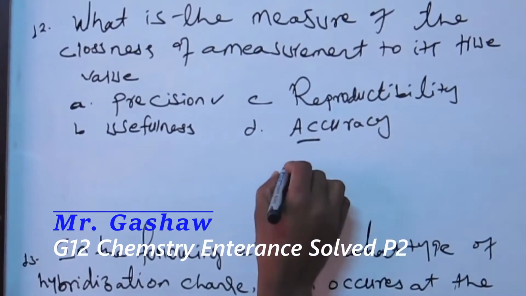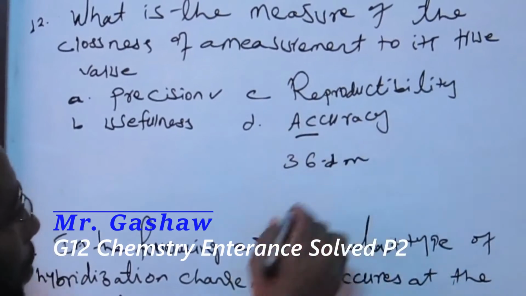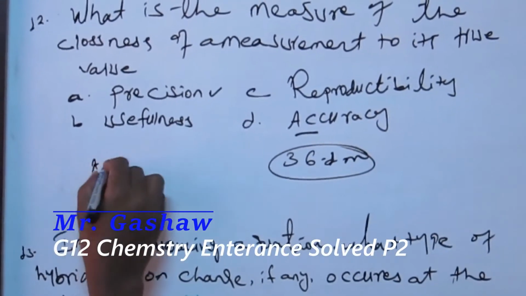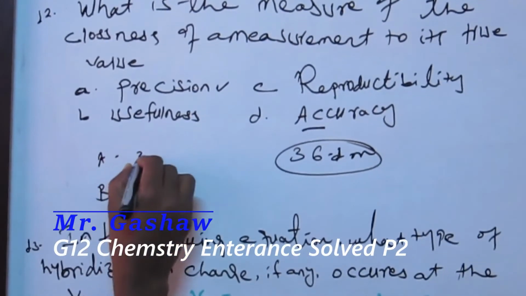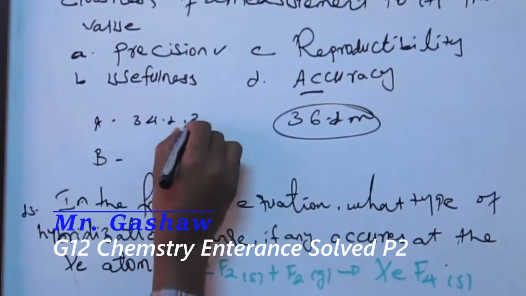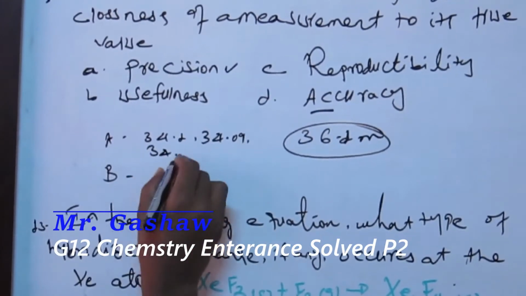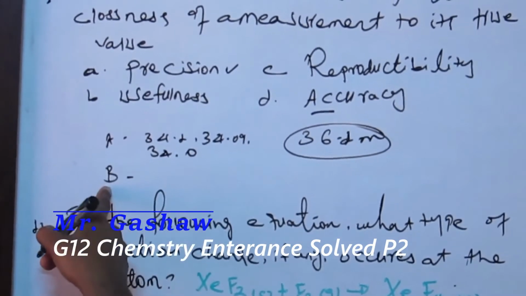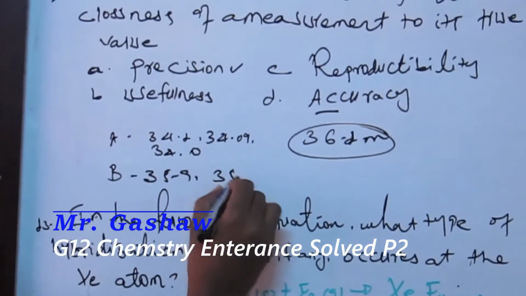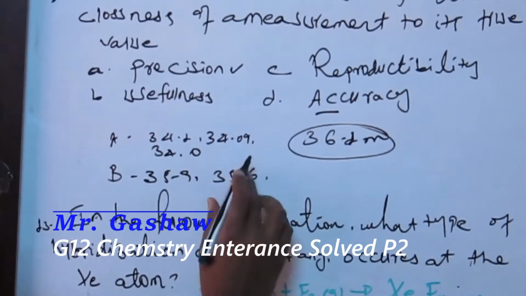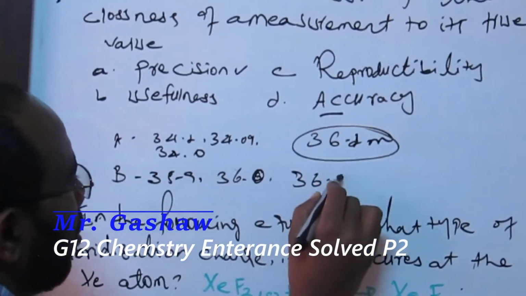That means, for example, if the true value is 36.1 meters, student A measures 3 trials and student B measures 3 trials. Student A measures 34.1, 34.09, and 34.0. Student B measures 35.9, 35.6, 36.0 and 36.1.